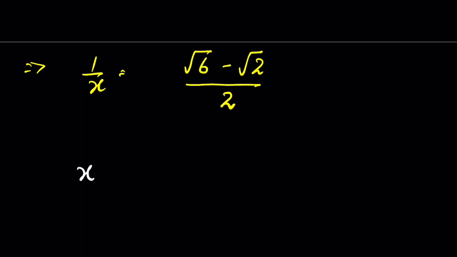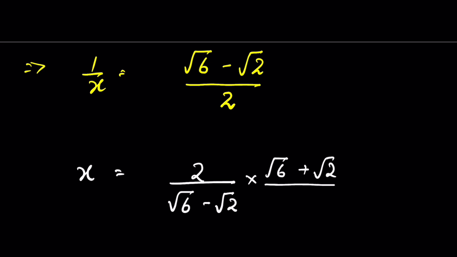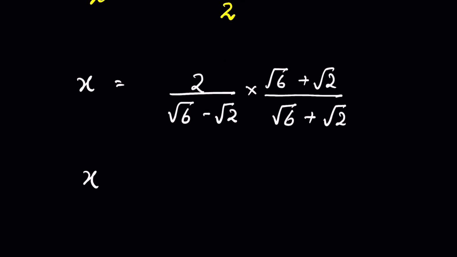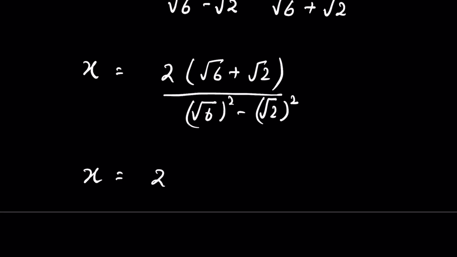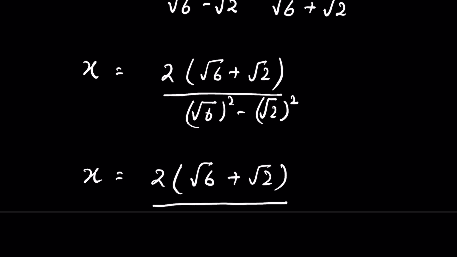Now x is equal to 2 upon square root of 6 minus square root of 2. Again rationalize the denominator, so it will be square root of 6 plus square root of 2 upon square root of 6 plus square root of 2, or x is equal to 2 times square root of 6 plus square root of 2 upon square root of 6 square minus square root of 2 square, or x is equal to 2 times square root of 6 plus square root of 2 upon, remove the square root with the square, so 6 minus 2.